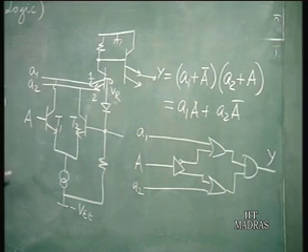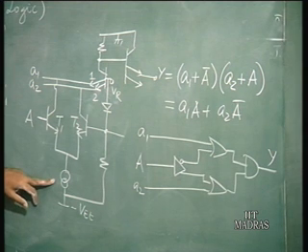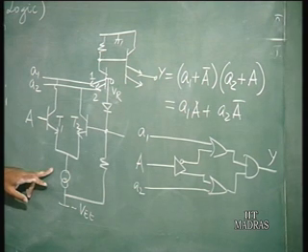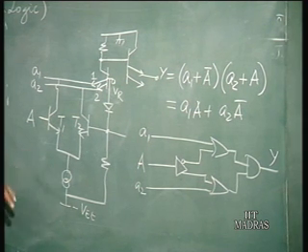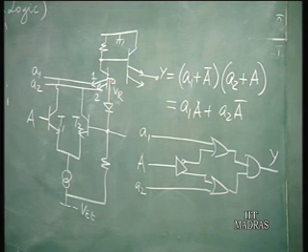And of course, as you can very well see, the power dissipation corresponds to that of a single gate, all right, because there is one current source. So, this is the logic.